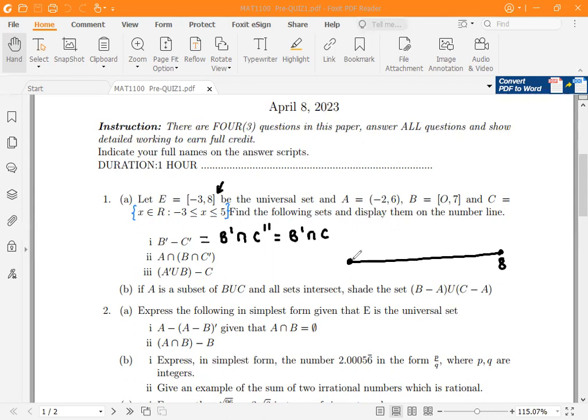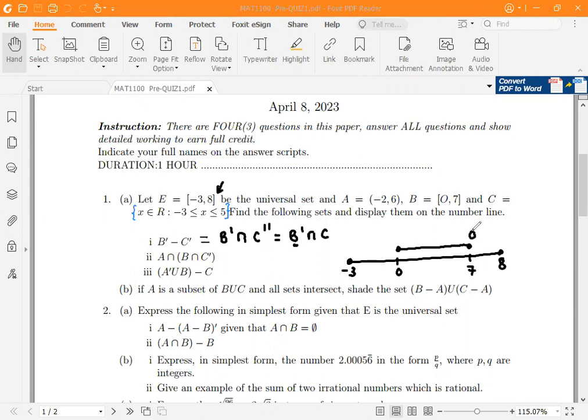The set B runs from where? This is -3. The set B runs from 0 to 7. So this is B, included and included. What about its complement? Because we are interested in the complement of B. So the complement of B is going to be open, because 7 is closed in B, it will be open in the complement.